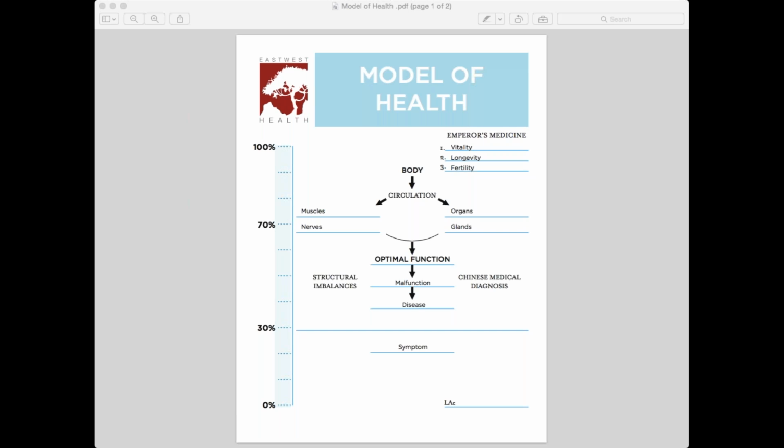So Regan, I got Regan here on the line as well. Hey guys. Hey Regan, do you know if we have a Word document on the model of health? I think we had it designed by an actual designer, so we don't have a Word document on it, do we? No, I don't.